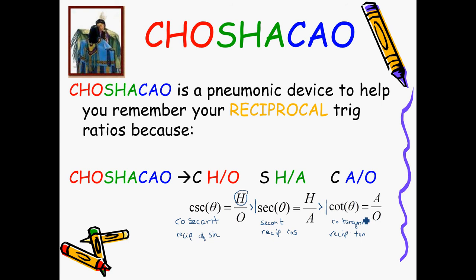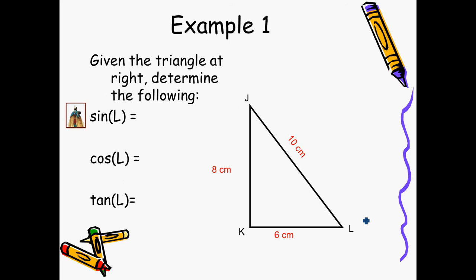So let's go back to this triangle. Given the right triangle, and focusing on angle L, what is the sine of angle L? Sine is the opposite side over the hypotenuse, so that would be 8 centimeters over 10 centimeters.